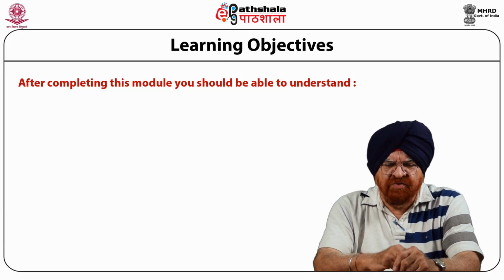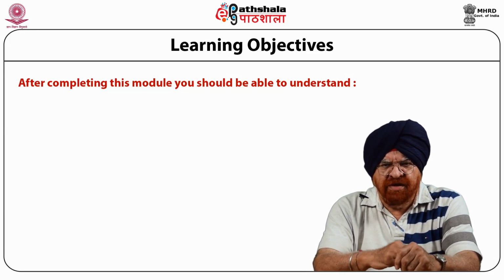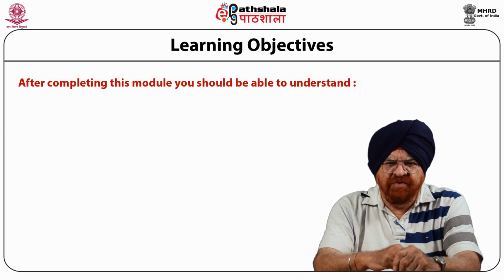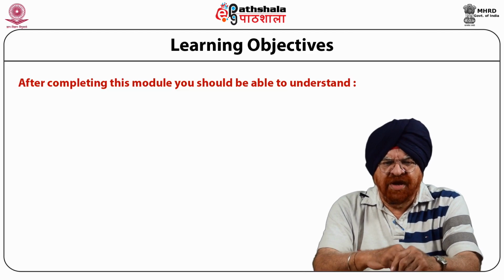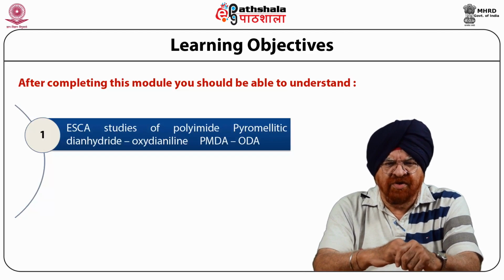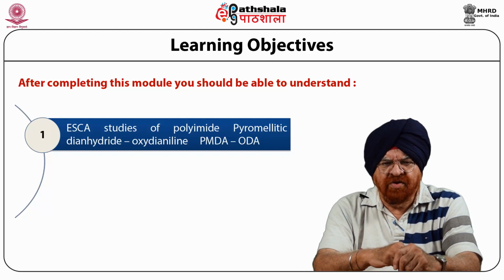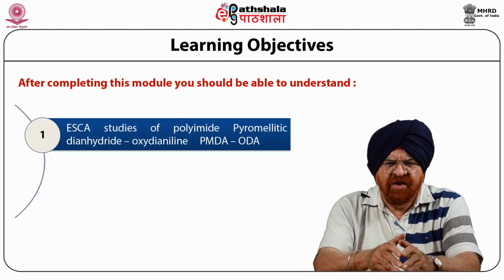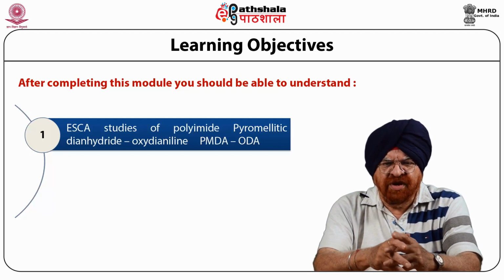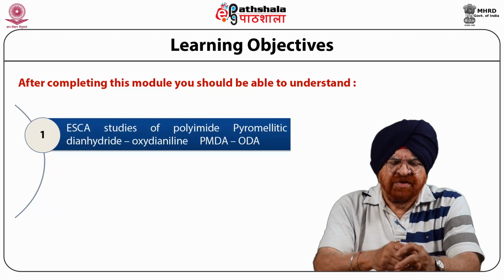After completing this module in a fairly detailed manner, you will be able to understand and explain what ESCA studies of polyimide, pyromellitic dianhydride or oxydianiline, abbreviated as PMDA or ODA, etc., can be done with the help of this.